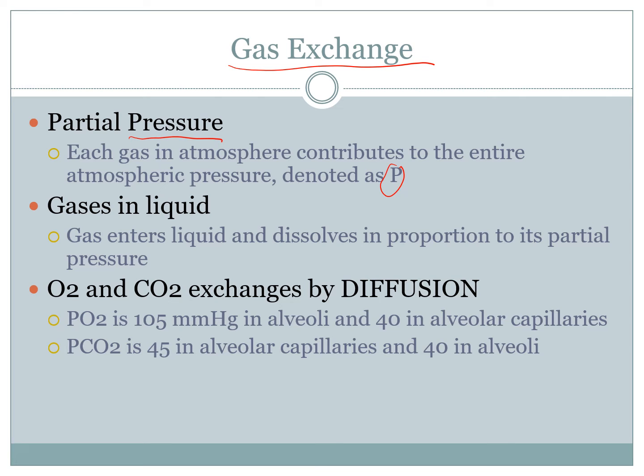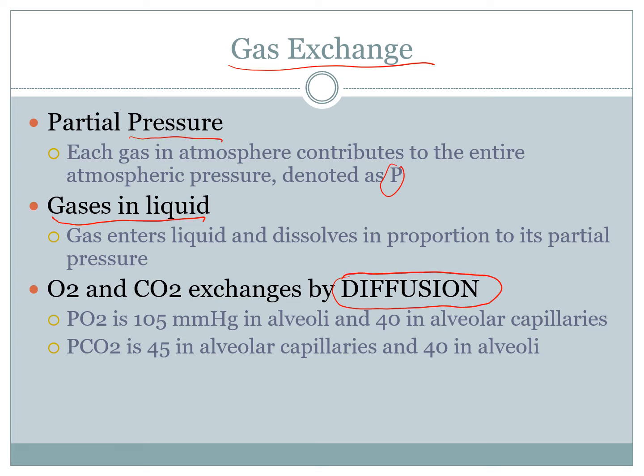Now a lot of gases can dissolve into liquid. A lot of the gases that we breathe in will dissolve into the liquid, some more than others, and essentially the amount that dissolves into the liquid will be determined by the partial pressure that's coming in. When we look at O2 and CO2 exchange, we are dealing with diffusion only.